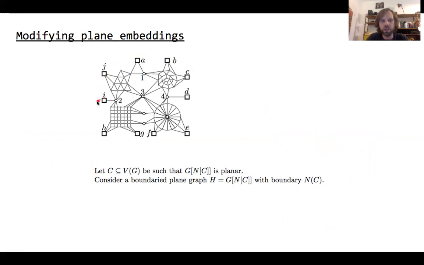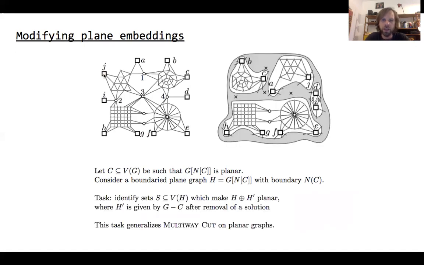We can treat this entire subgraph as a boundaried plane graph because we have a plane embedding for the subgraph, and the square vertices are the boundary because these are the only vertices that can communicate with the rest of the graph. Now our task is to understand the following process.